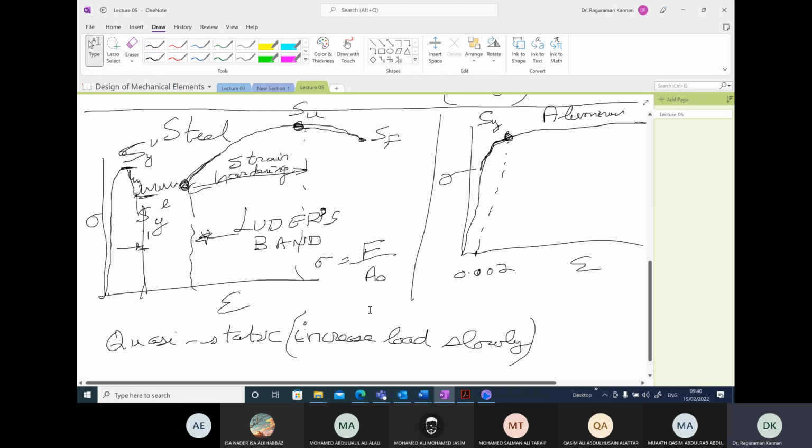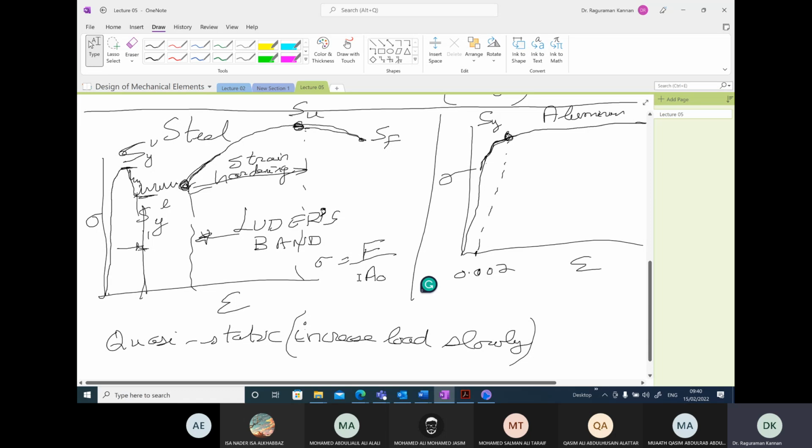Because we are considering the area of cross section as constant, it appears that stress is also decreasing, because F is decreasing and A naught is constant. Obviously sigma will decrease, the calculated sigma. But this calculation at necking will be very wrong.